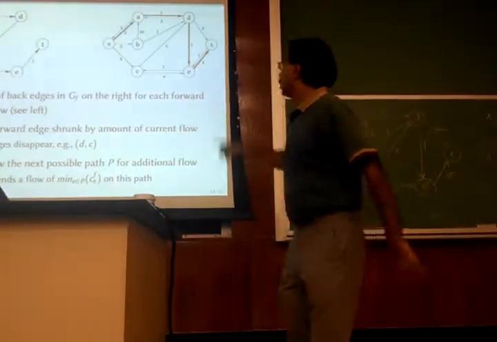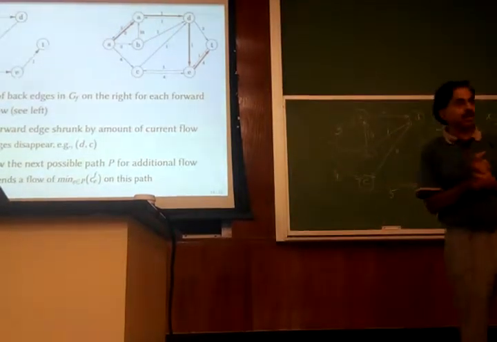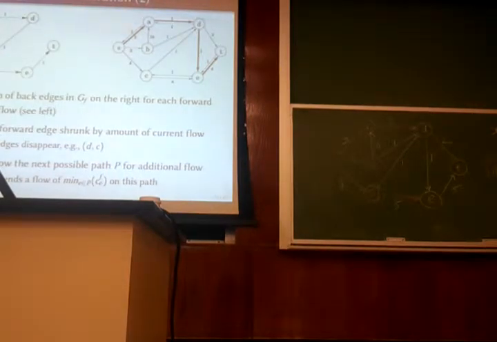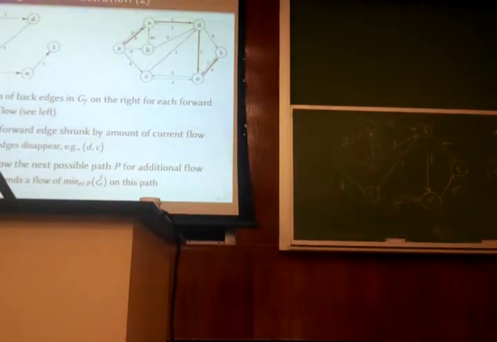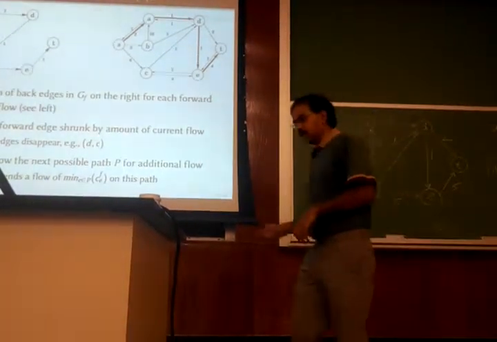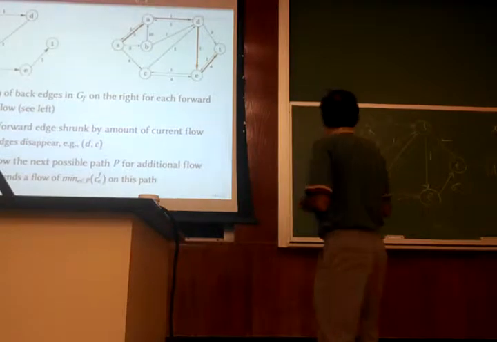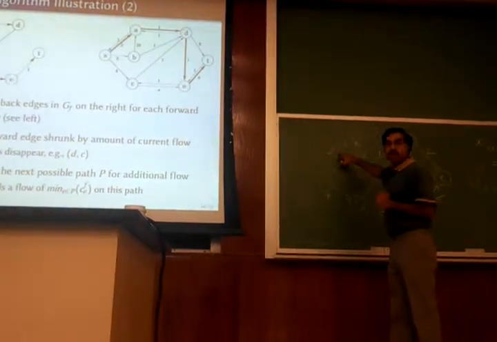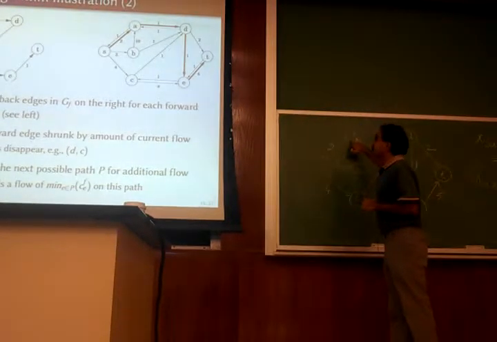Okay, so now we have the flow on the left, right? So we have picked a flow of 1 unit from S to T. And now we want to compute what the residual graph is. So we were sending 1 unit through here, right? Which means that you can still send 2 more units.